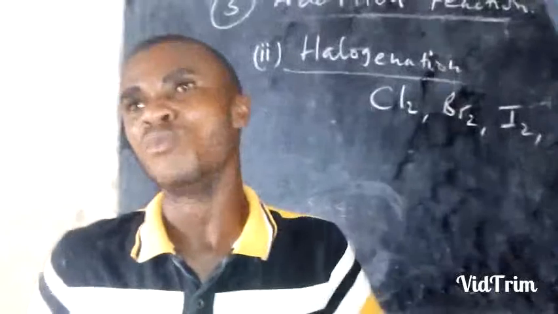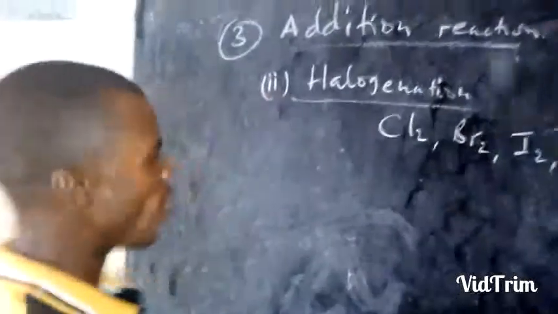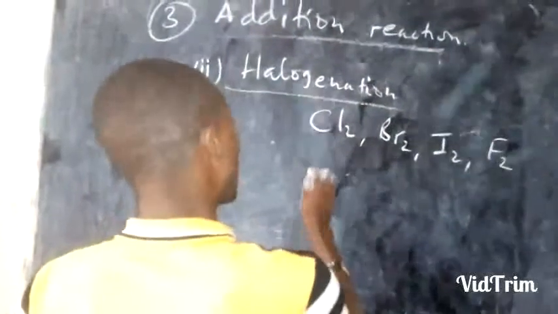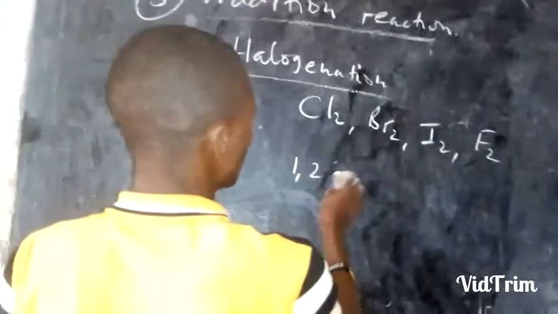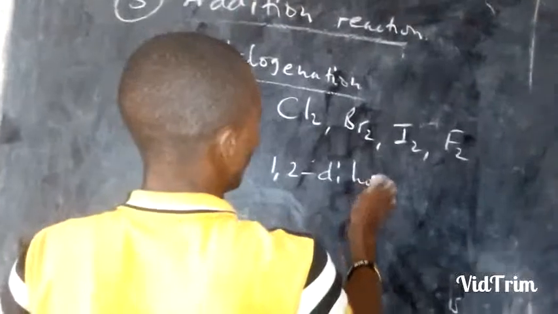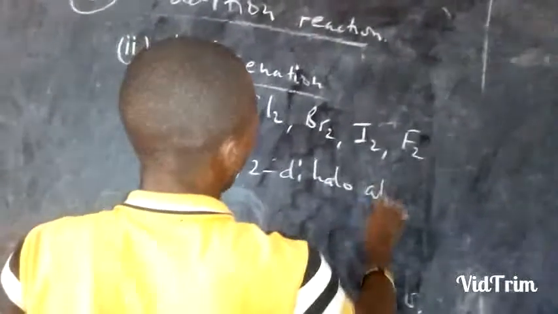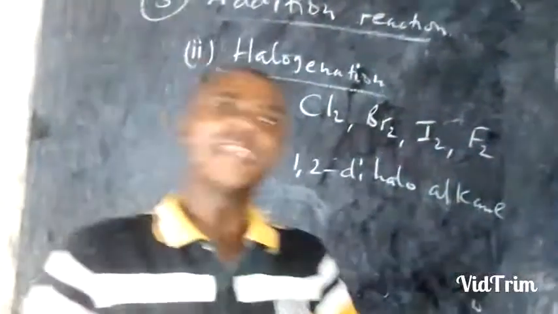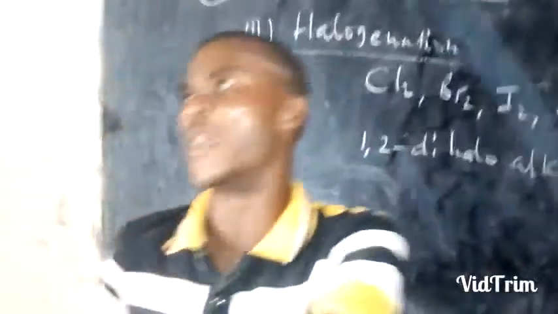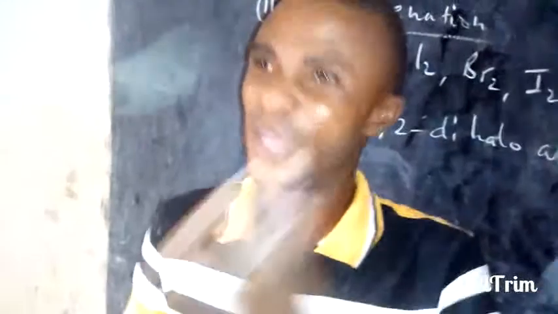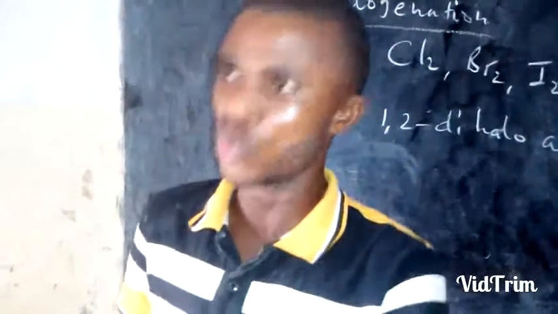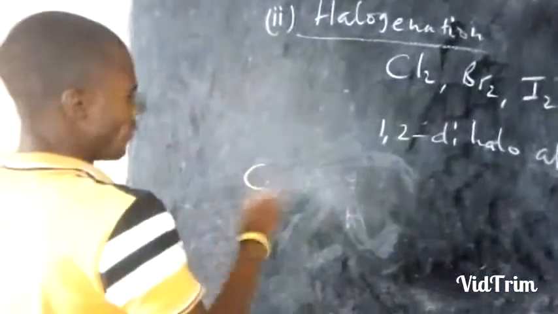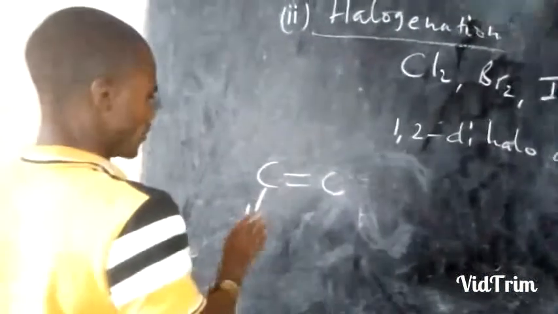So anytime you do halogenation reaction on an alkene, a compound known as 1,2-dihaloalkane is formed. The product takes the pattern of 1,2-dihaloalkane. Let us look at the format. We have unsaturated compound here, which is ethene.